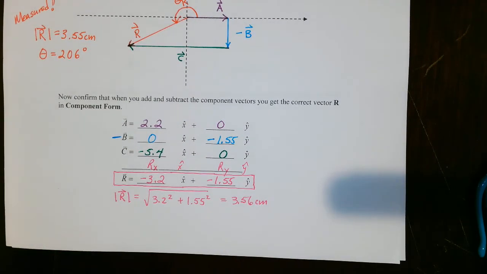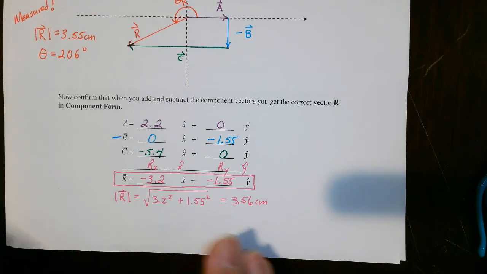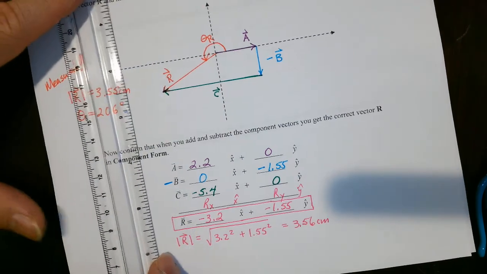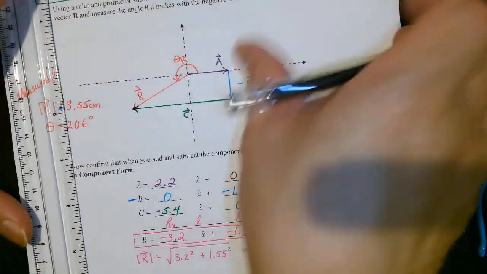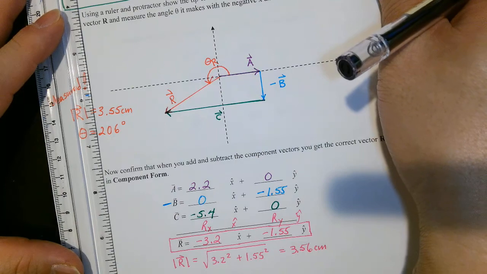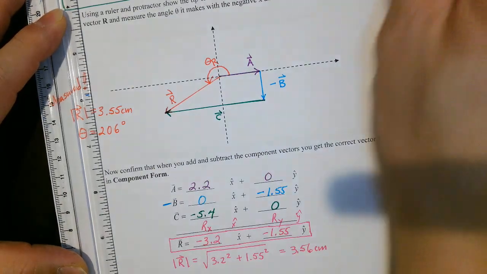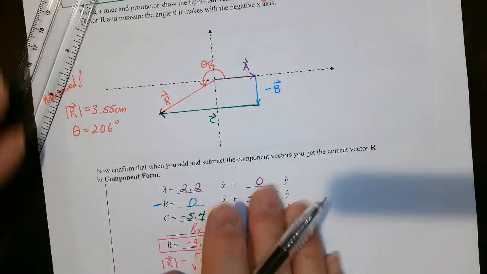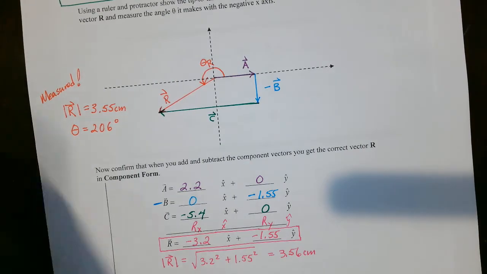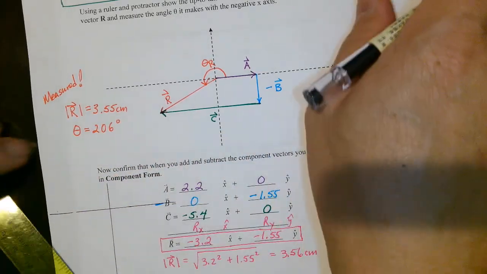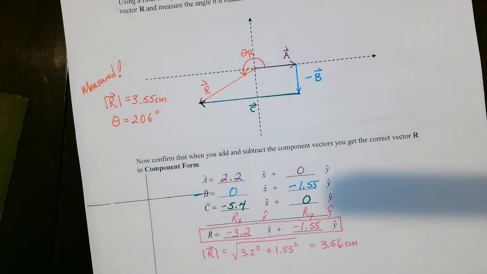So this is the magnitude of my resultant vector r. If I were to draw a grid line, and try to replicate my vector r on the side, it should be about 3.55 centimeters long.